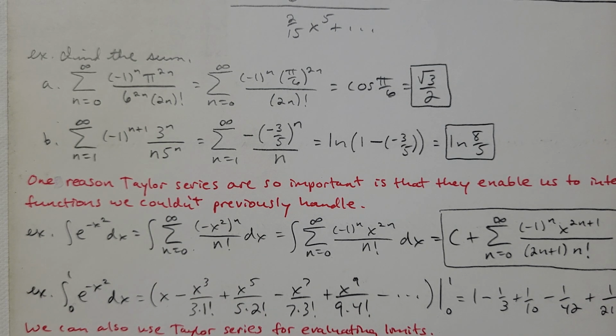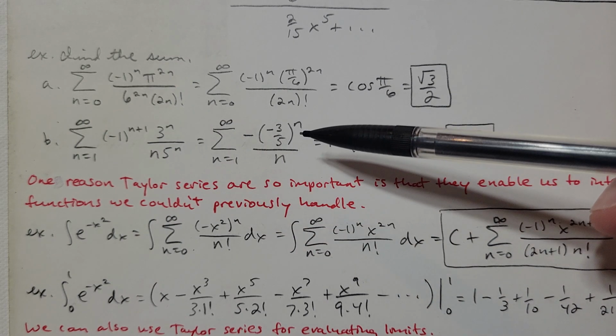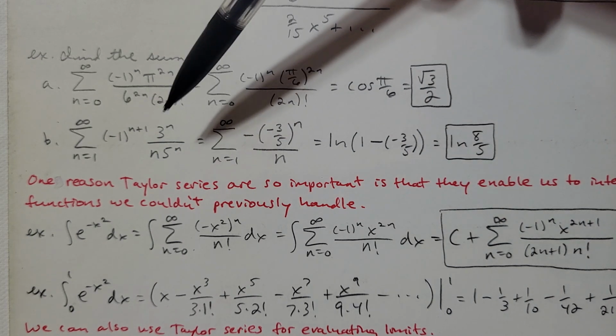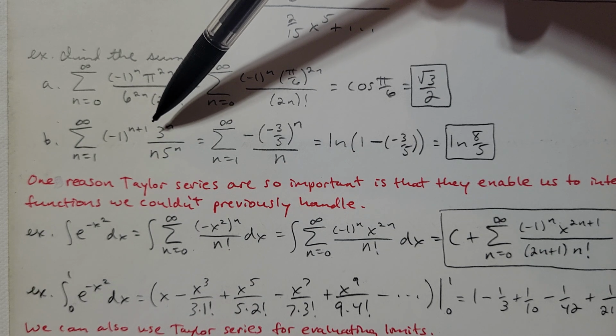So in part B, I have the summation as n equals 1 to infinity of negative 1 to the n plus 1 times 3 to the n divided by n times 5 to the n. Okay, here's 3 to the n over 5 to the n, that's 3/5 to the n. And then negative 1 to the n plus 1, that's the same as negative 1 to the n times negative 1.